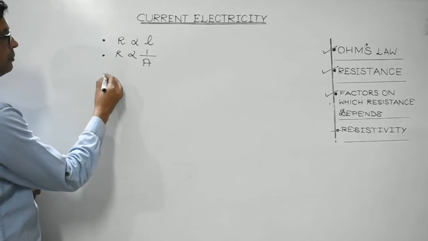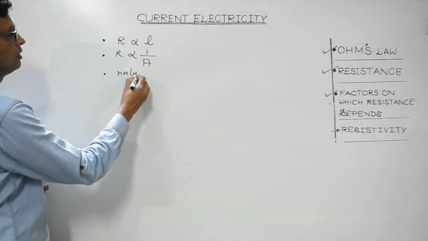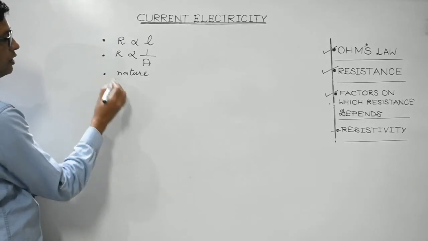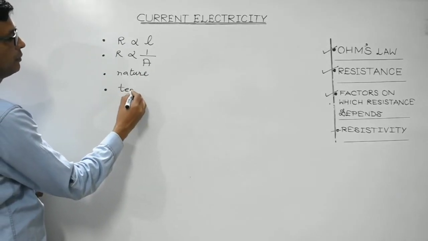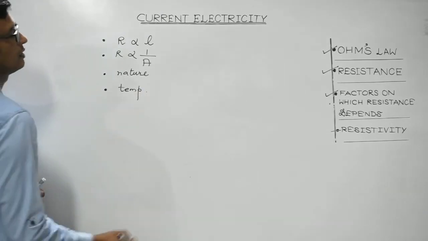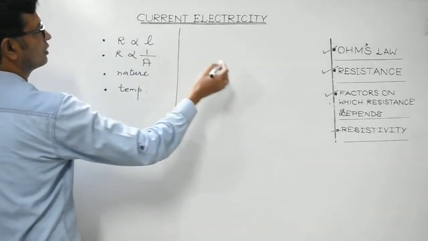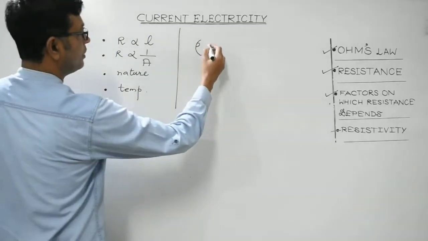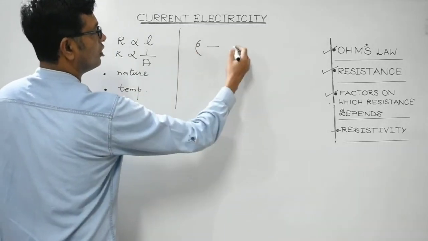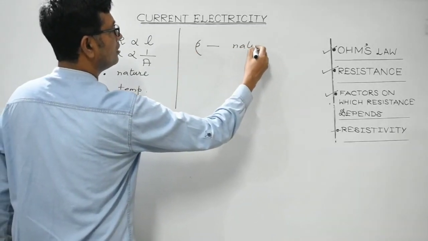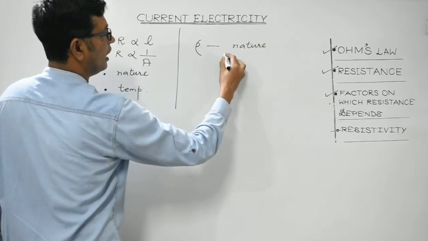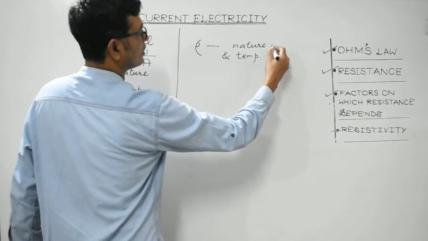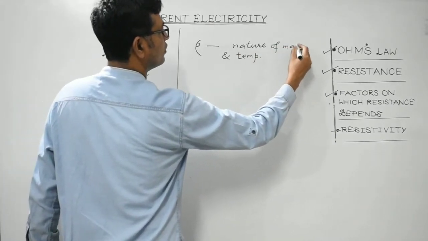And it depends upon the nature of the material of the substance. It also depends upon temperature. Right? This is resistance. While resistivity, it depends only on nature and temperature. Nature of the substance, nature of the material of the body.